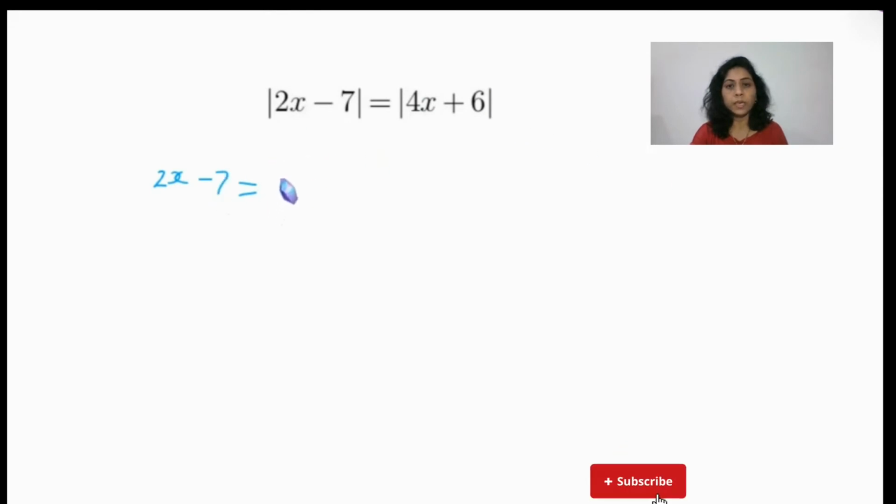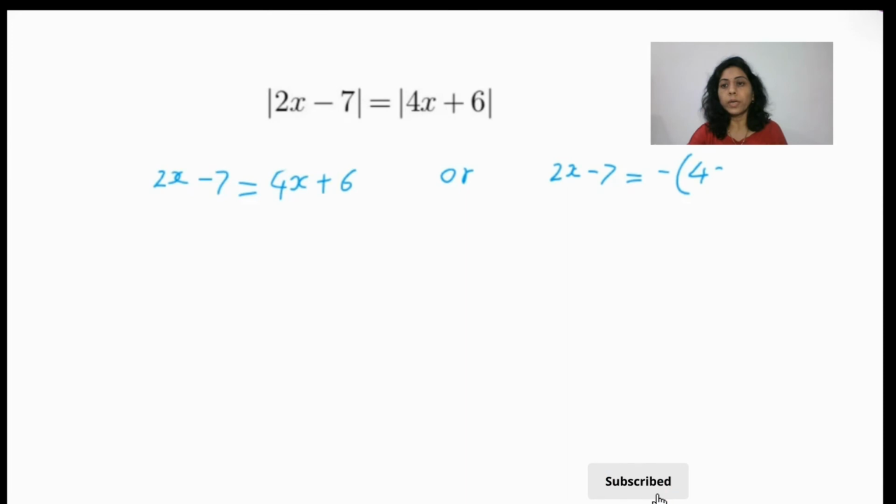So 2x minus 7 equals 4x plus 6, or 2x minus 7 equals minus (4x plus 6). So the important thing here is, the left hand side you can write as it is, and the right hand side can be positive or negative. Now we can solve for x.